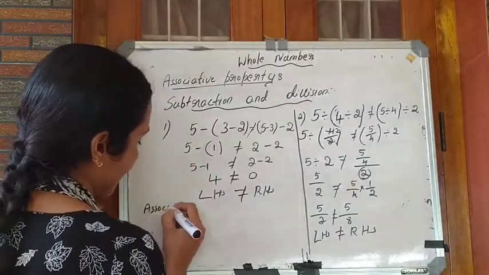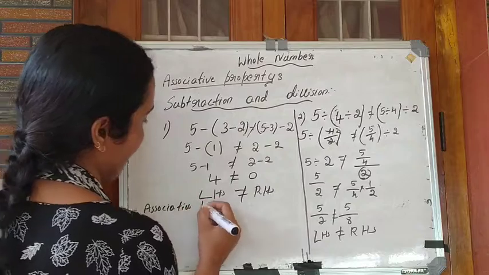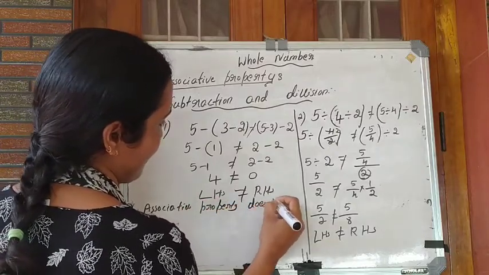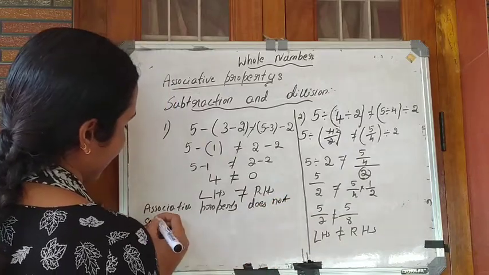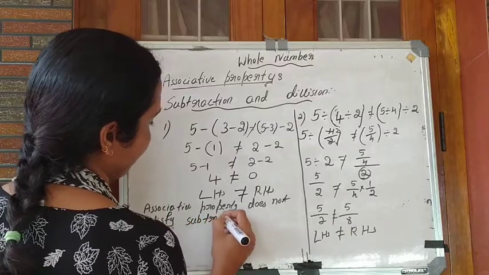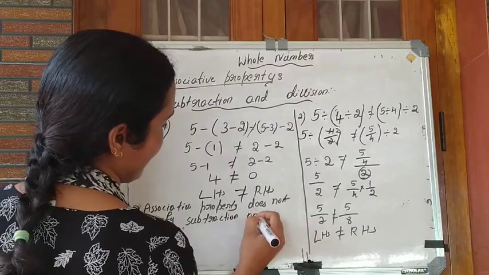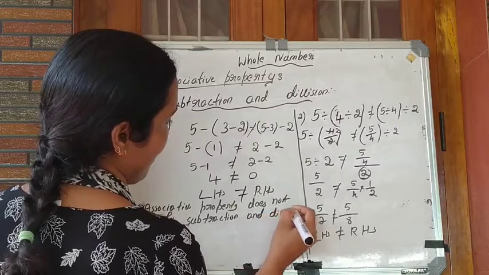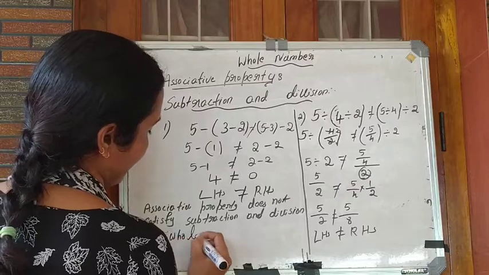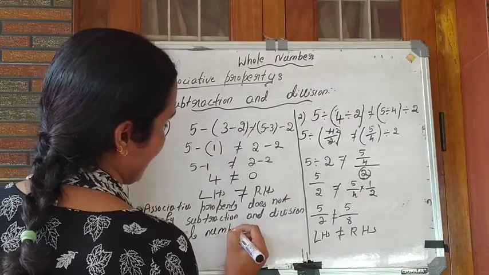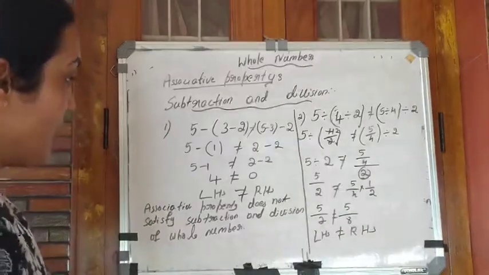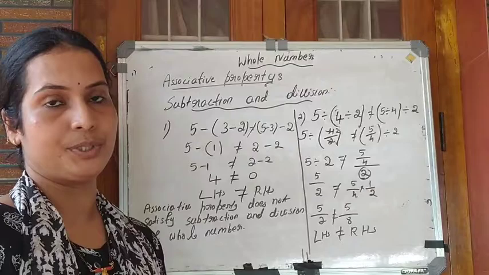So the associative property does not satisfy for division and subtraction of whole numbers.